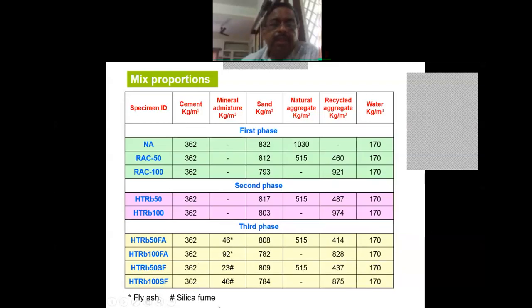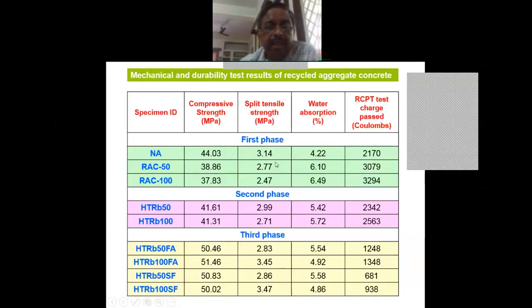So if you see the strength from the first phase, second phase and third phase: in the first phase we replaced only the recycled concrete aggregates. From 44 MPa concrete it has come down to 37.8, split tension has also come down, water absorption has increased, and RCPT charge has also increased.